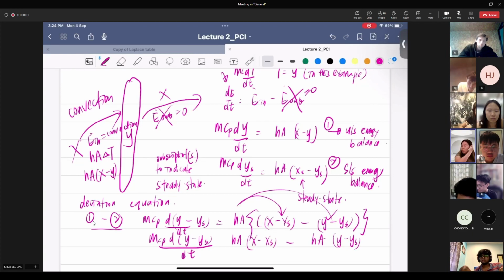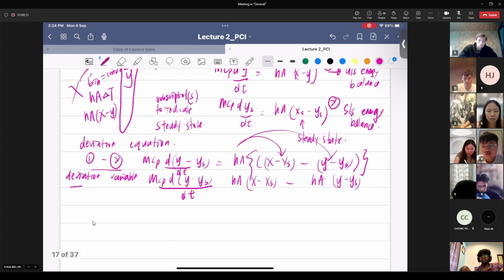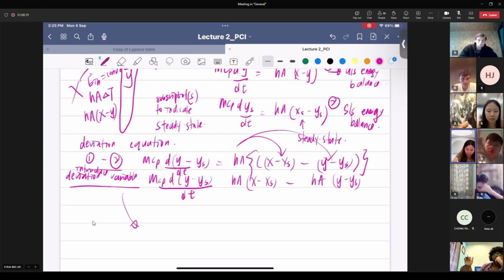Then you have to introduce deviation variables. For example, I'm using capital Y to represent unsteady state minus steady state, and capital X, unsteady state minus steady state.